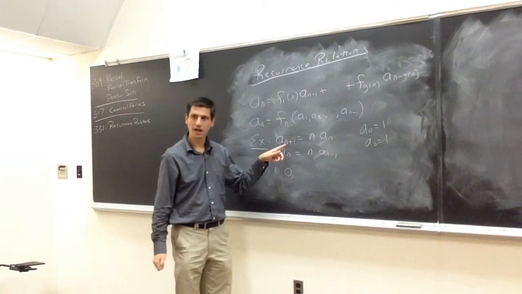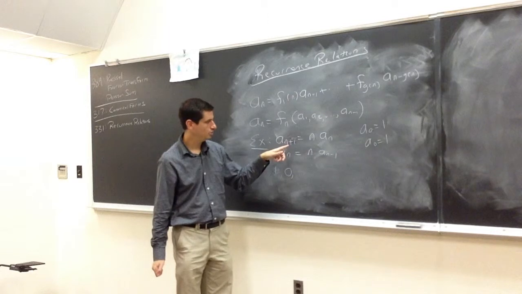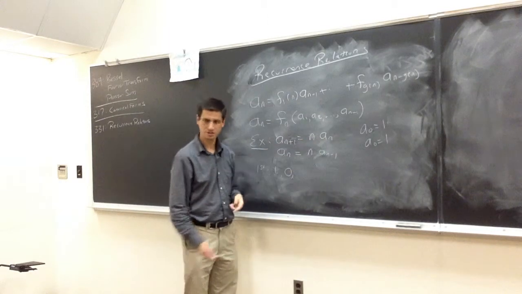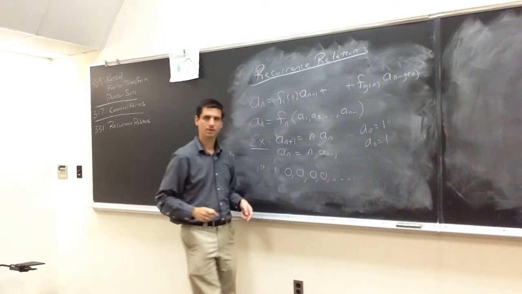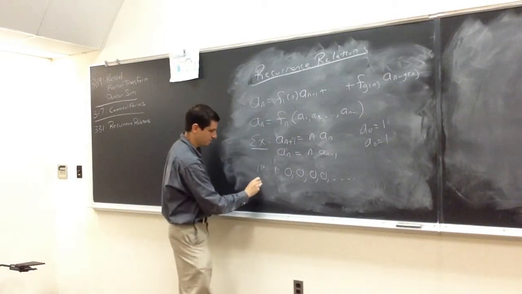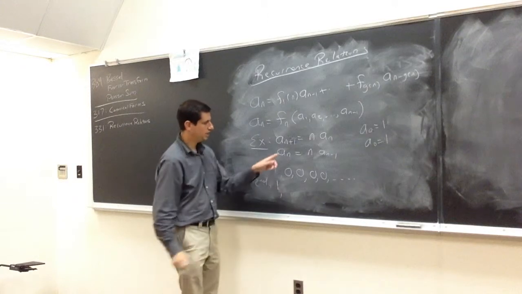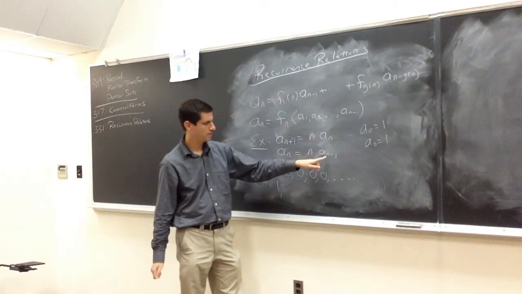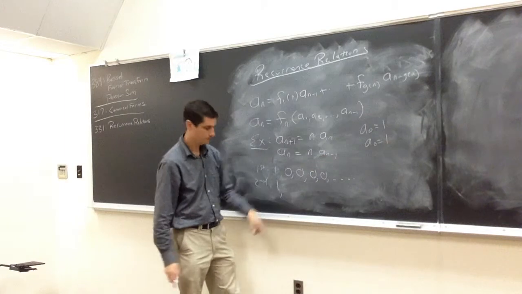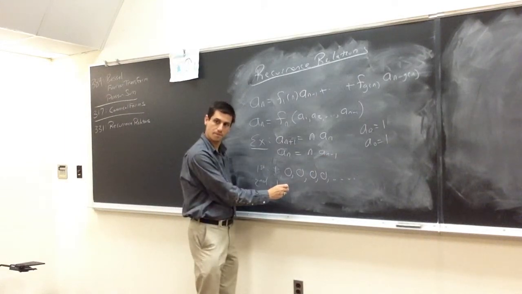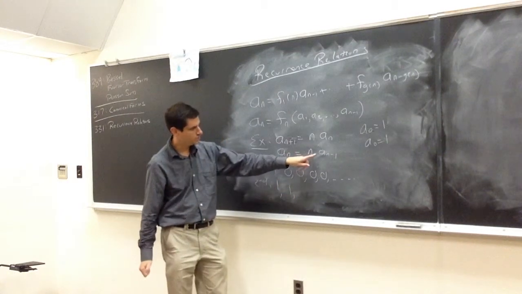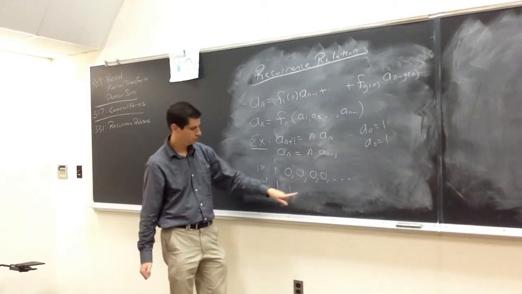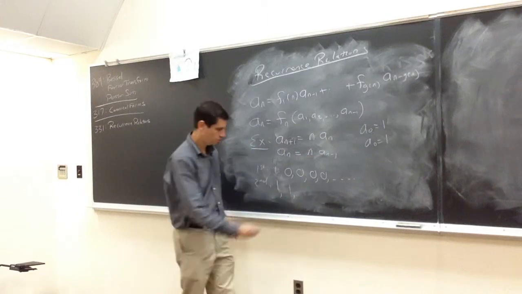Now I plug in n equals 1, and I get a_2 is 1 times a_1, which is 0. In the second case, I now get a_1 is 1 times a_0, which is 1. a_2 is 2 times a_1, so 2 times 1 is 2.